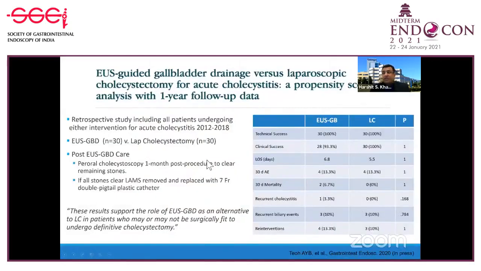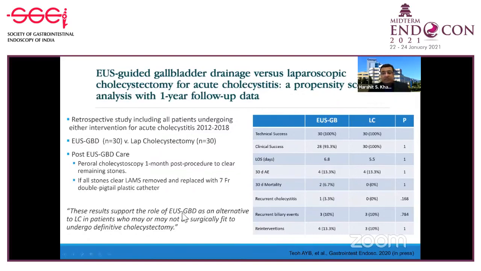EUS-guided gallbladder drainage is also compared to laparoscopic cholecystectomy for acute cholecystitis. This study was done comparing these two modalities, not as an alternative, but to see what if this was a definitive therapy. Although this was a retrospective study over a 6-year period, it compared EUS-guided gallbladder drainage to lap cholecystectomy in propensity-matched patients.